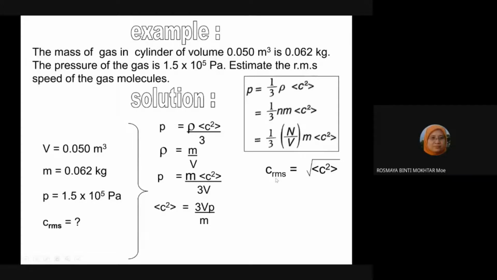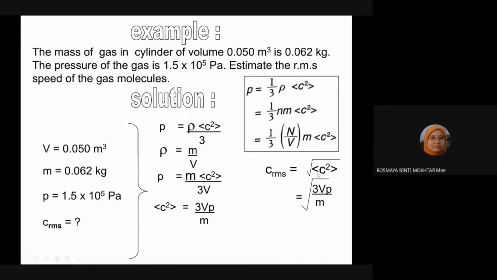Do you understand what is meant by RMS? RMS is root mean square, so it is the square root of the mean square speed. So you put the square root here.